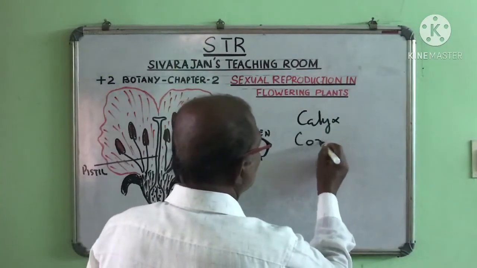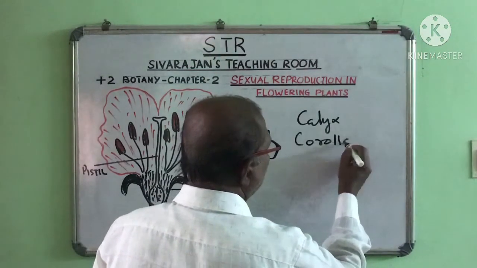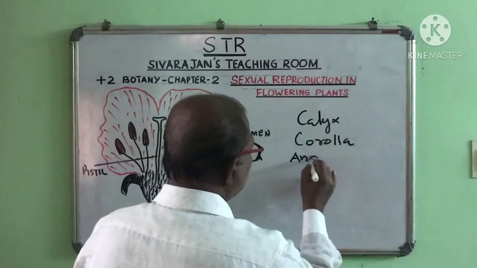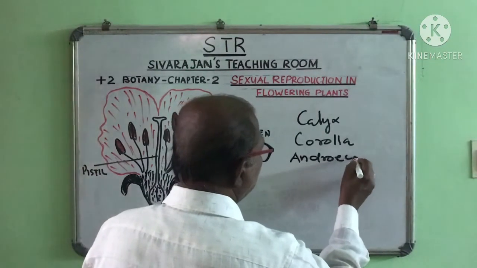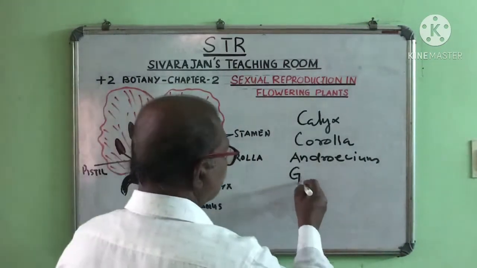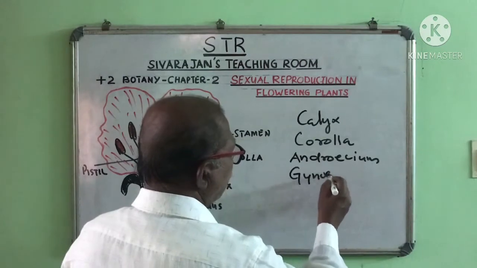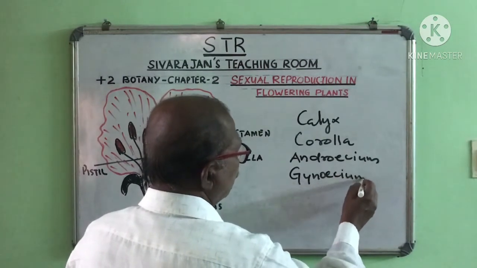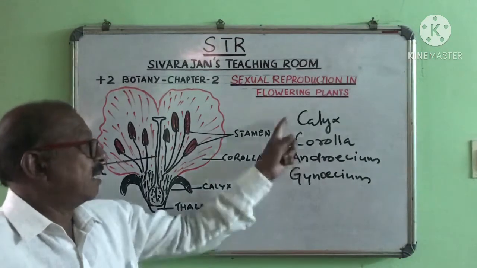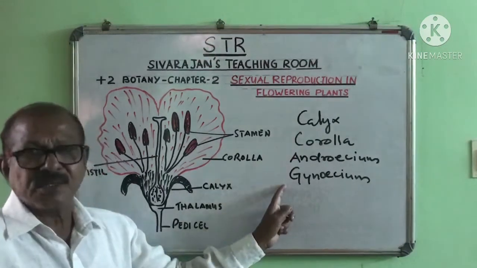Then corolla, C-O-R-O-L-L-A, corolla. Then androecium, A-N-D-R-O-E-C-I-U-M, androecium. And gynoecium, G-Y-N-O-E-C-I-U-M. So a flower has basically four different parts: calyx, corolla, androecium, and gynoecium.